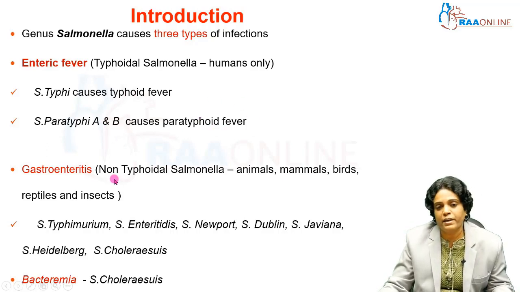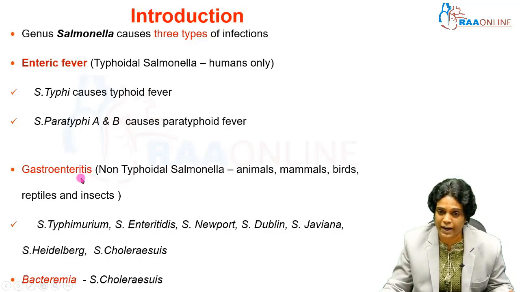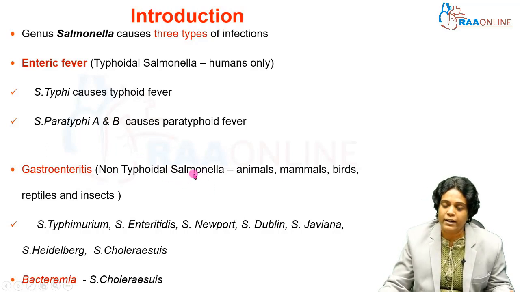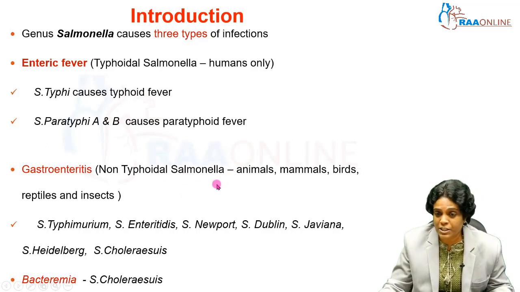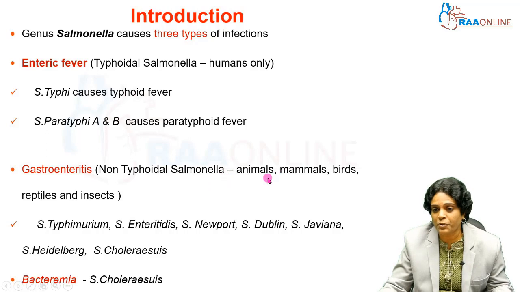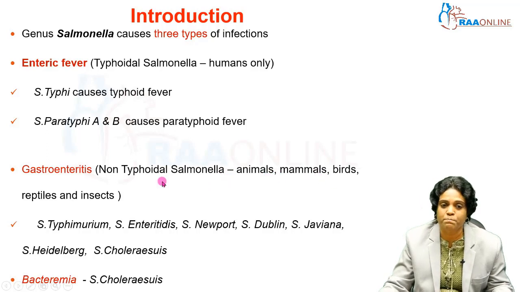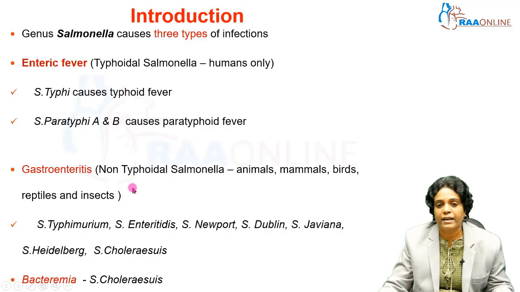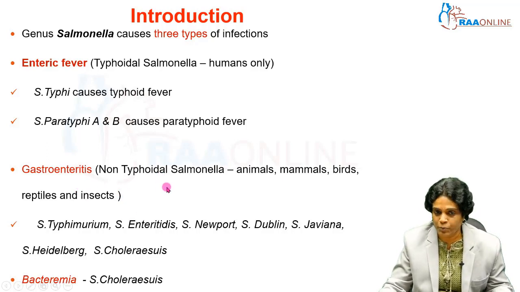A second common infection caused by Salmonella is gastroenteritis. It is mainly caused by non-typhoidal Salmonella. These serotypes are distributed in animals, mammals, birds, reptiles, and also in insects, and they can cause infection in humans.